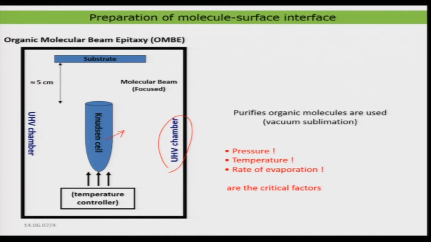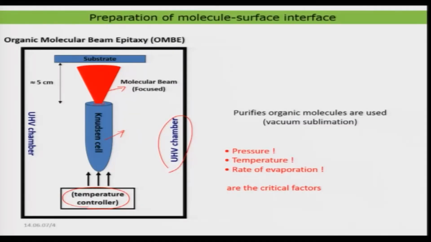If you have this, then what you need is a temperature controller, which adjusts the temperature of the Knudsen cell. When the temperature of the Knudsen cell reaches the sublimation temperature of the molecule, you create a molecular beam. As I told you in the previous case, it is normally a diverging beam, because you have a small opening through which the molecular beam is coming.